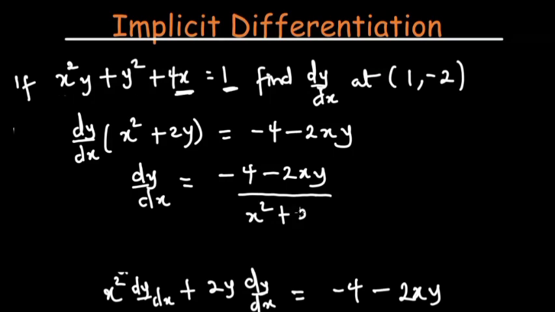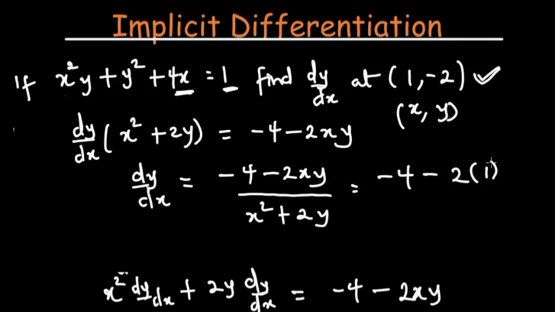Now recall, we are asked to find dy dx at 1, minus 2. This is our x, y. And so we're simply going to substitute. And so we're going to have minus 4 minus 2 multiplied by 1 multiplied by minus 2, substituting x as 1 and y as minus 2.